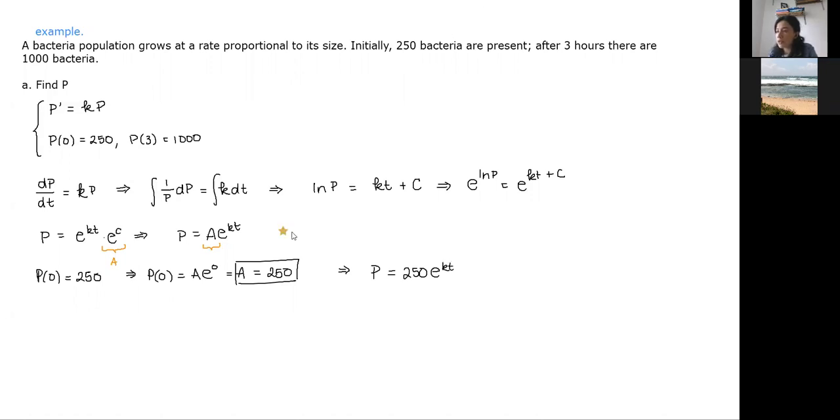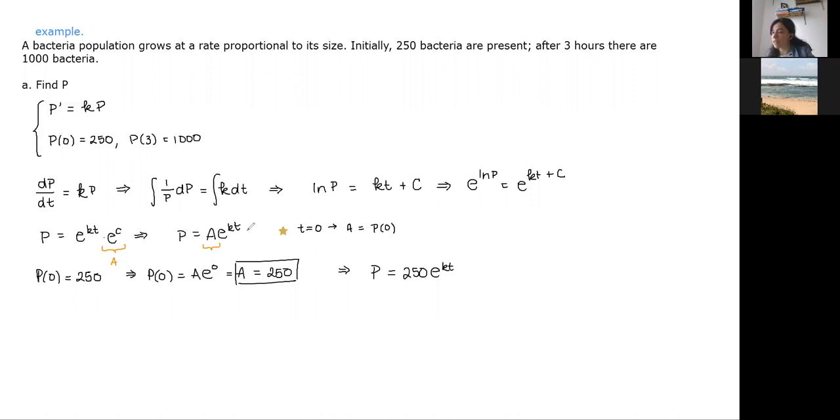Now here, something that might be useful for you to remember is that if you have a population growth model that is exponential, so p prime is equal to k times p, and you're given the value when t is equal to 0, then you're going to automatically be able to say that the constant that multiplies the exponential would be the value at 0, right?